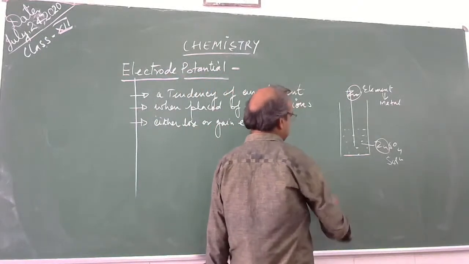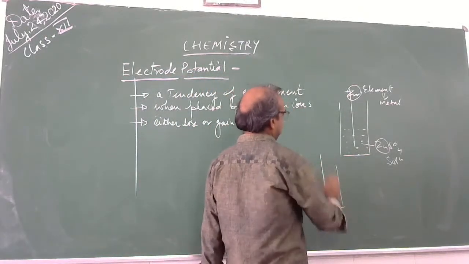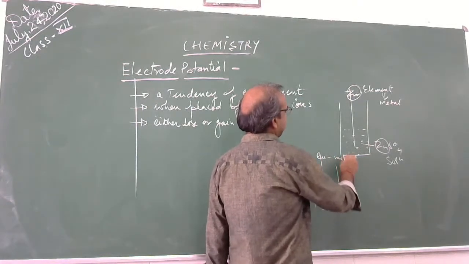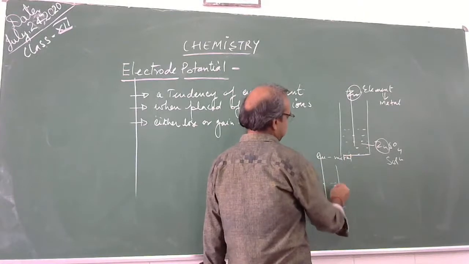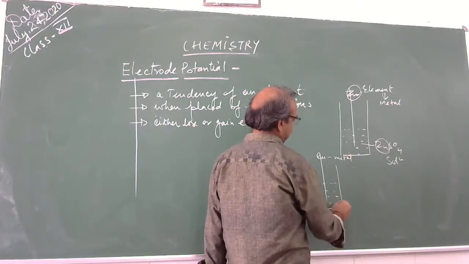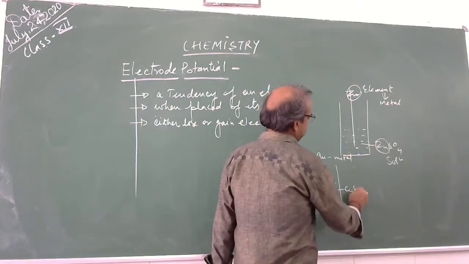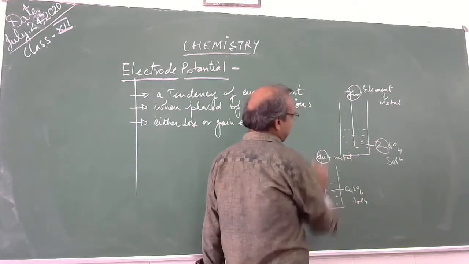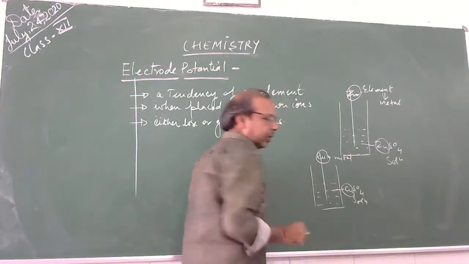Suppose there is copper metal, Cu metal, and it is placed in CuSO4 solution. So here the copper ion is the common ion.